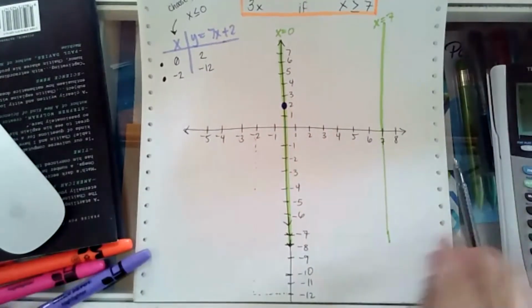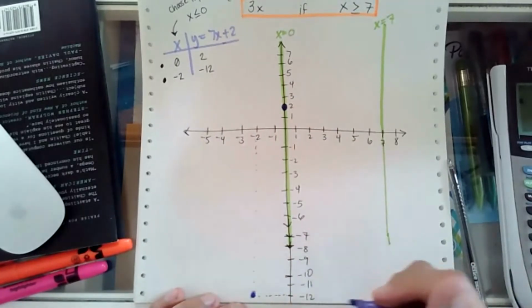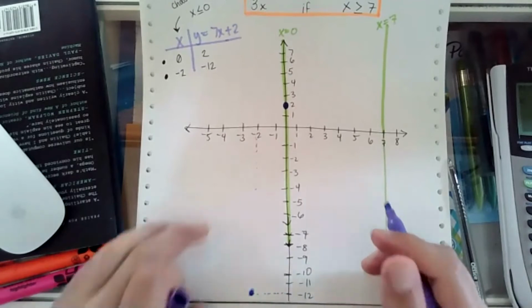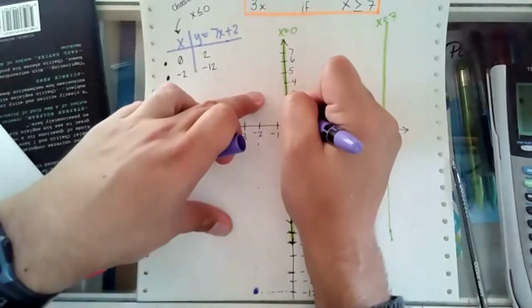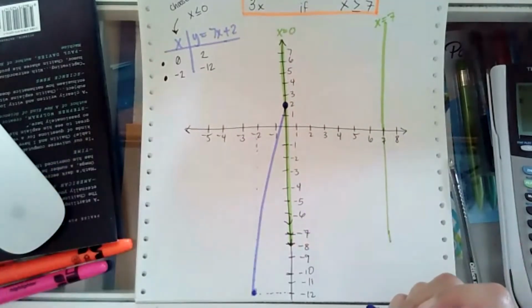Okay. And I just use this dashed line to sort of make sure that I'm relatively straight when I draw this. And now what I can do is connect these two dots like so with as straight a line as I can get.